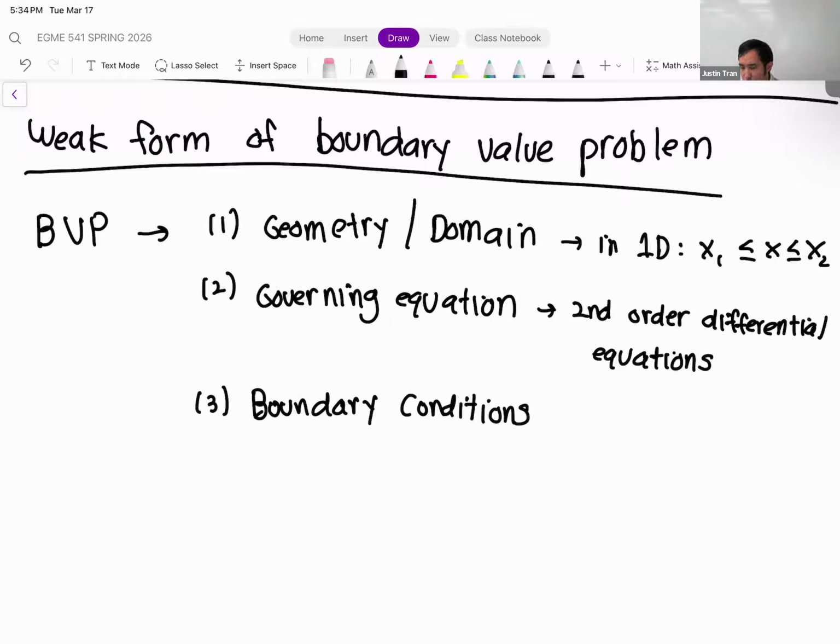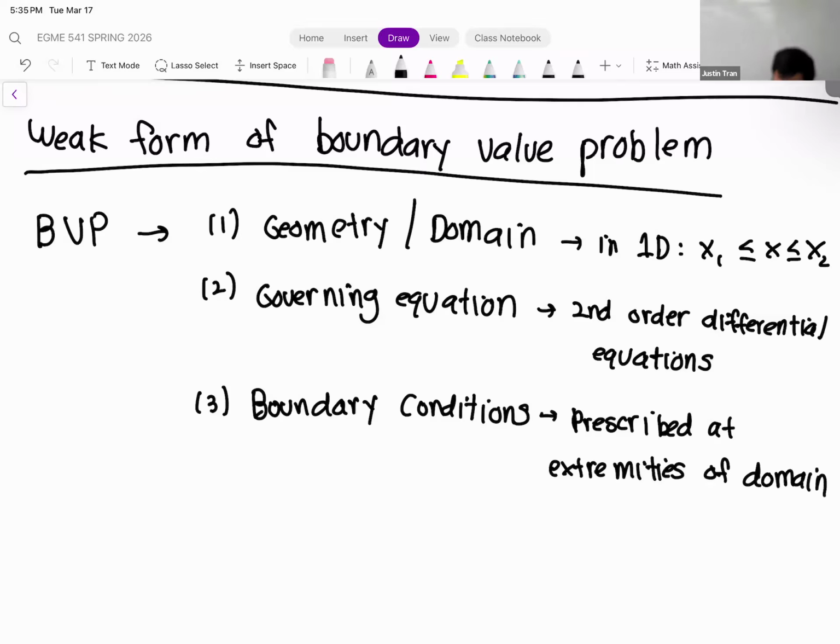The important thing to remember is that they're always prescribed at the extremities of the domain, which in 1D, we only have 2 extremities: x1 and x2. So you're usually going to have one boundary condition at x1 and another boundary condition at x2.